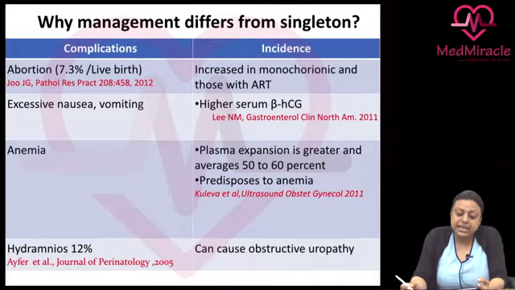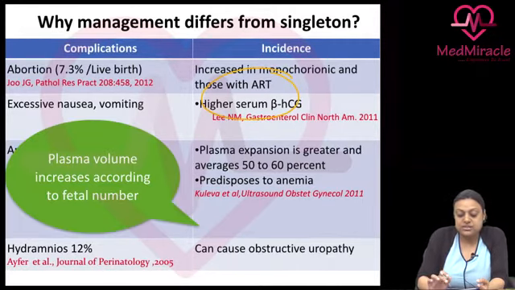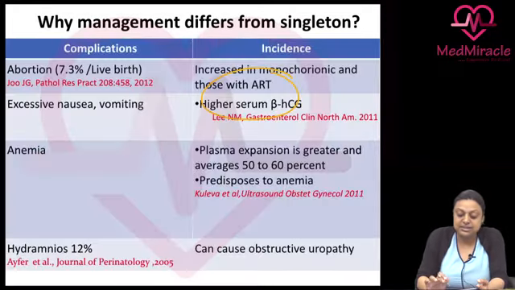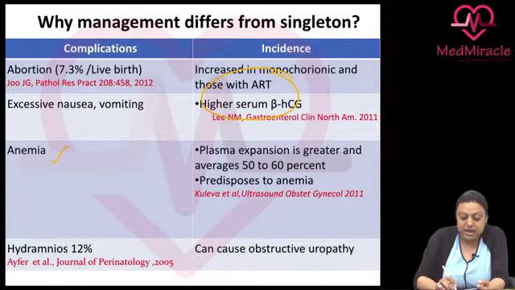In the first trimester, first of all, a twin pregnancy has an increased incidence of abortion, to the tune of around 7.3% per live birth. That is, there is an increased risk of abortions. Then excessive nausea, vomiting, increased incidence of anemia, and hydramnios seen in 12% of cases.